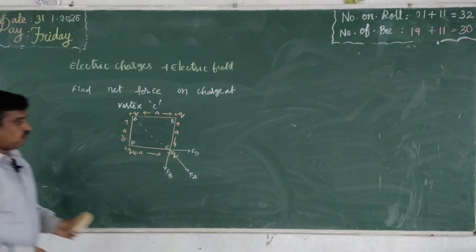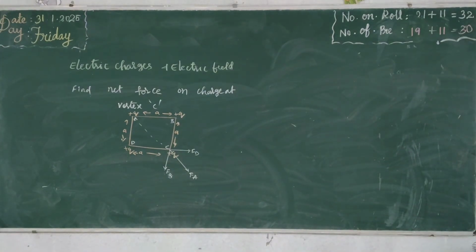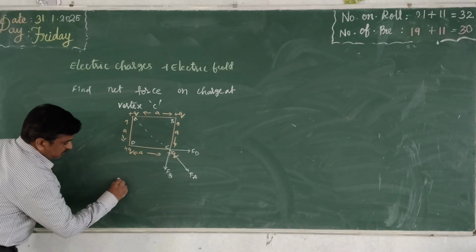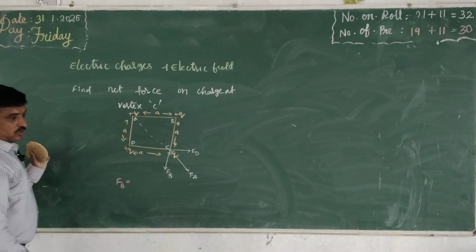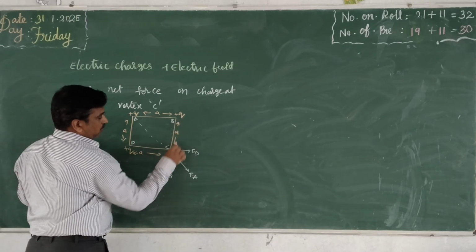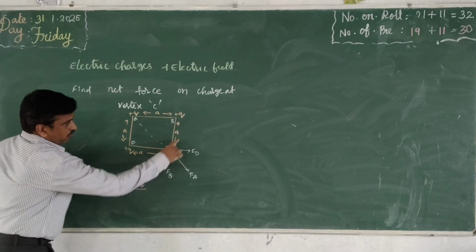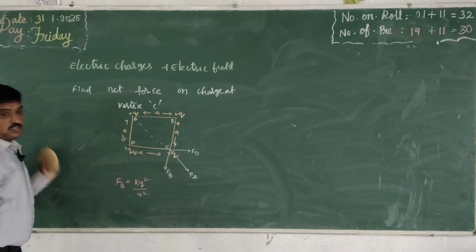Force on C due to B, that is Fb, equals, what is the force formula? K q1 q2 by r square, which means K q square by A square, since the distance between them is A. This is the force.